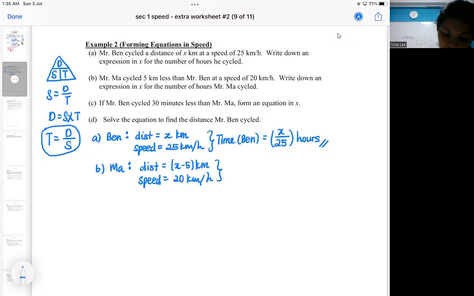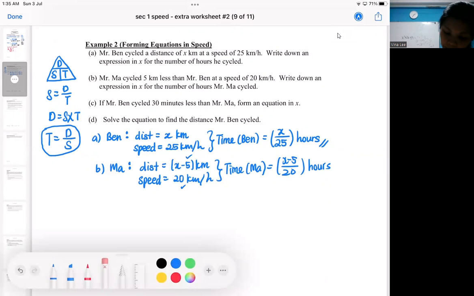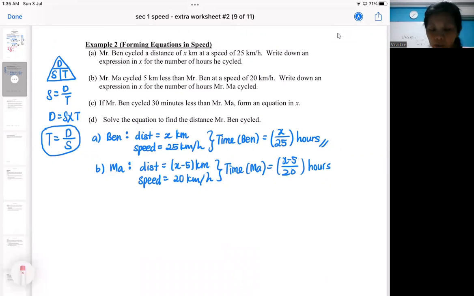From here, I'm also applying the same formula. So it will be X minus 5 over 20. The distance and the speed. It is the same formula, but a different quantity. The distance is a little bit lesser, the speed is a bit lower.